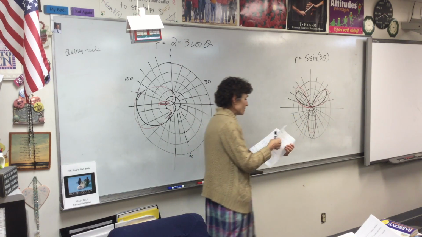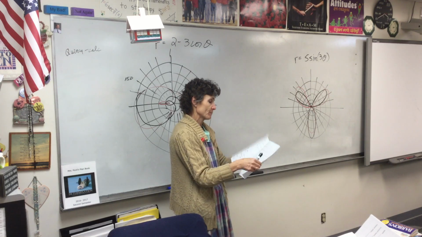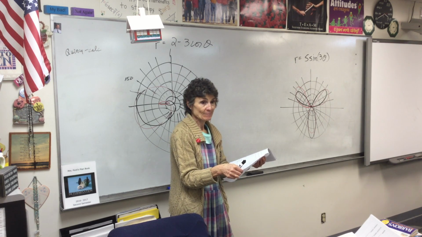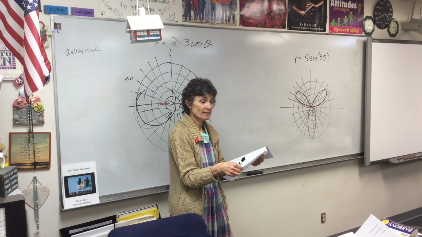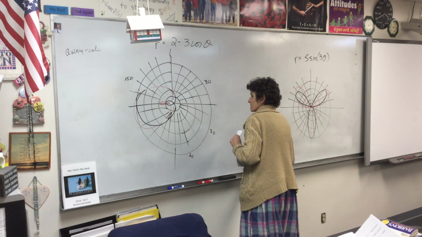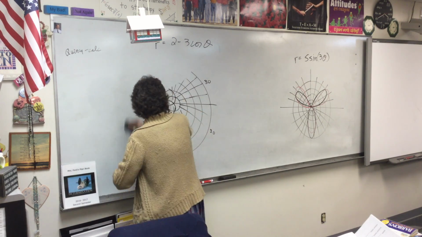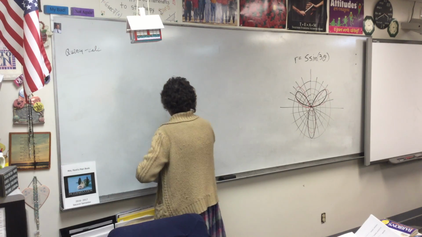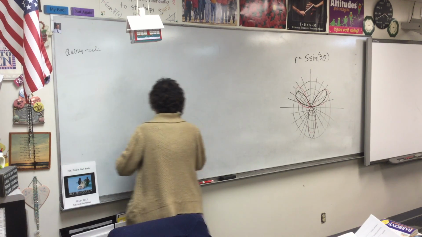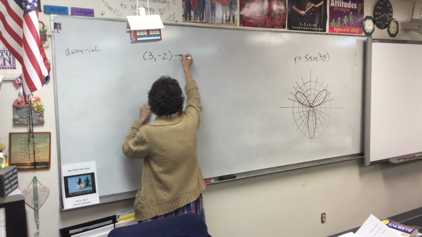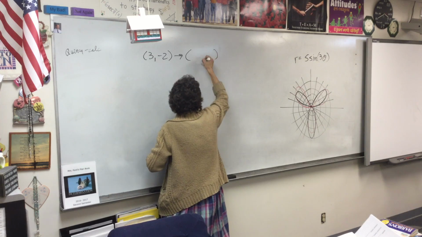So go find the quiz that we did before, which is on the back of the brief recap page. We did that one already. Now go to the very next page and it's another quiz. So we are going to do the old quiz, which starts with the problem 3, -2 in the polar coordinates.